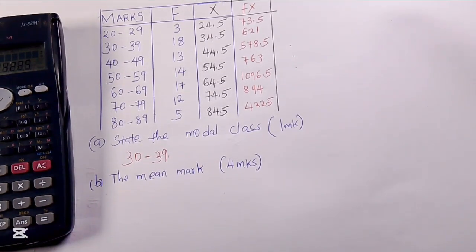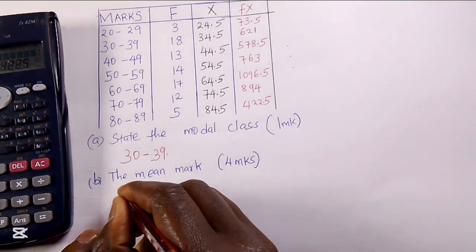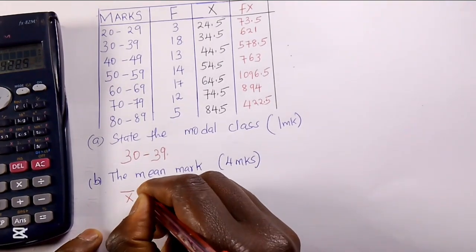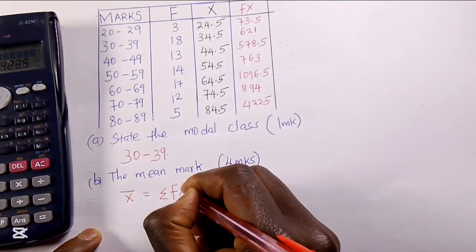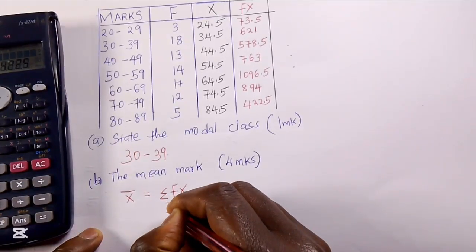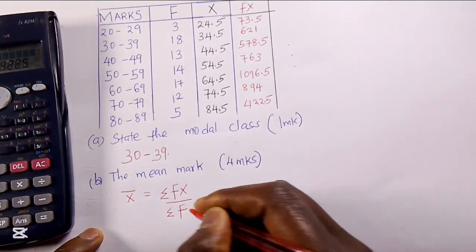After we get that, we are now going to proceed to find our mean. And our mean, as we have said, is equal to sum of fx over sum of f.